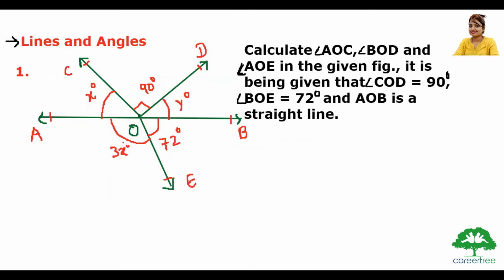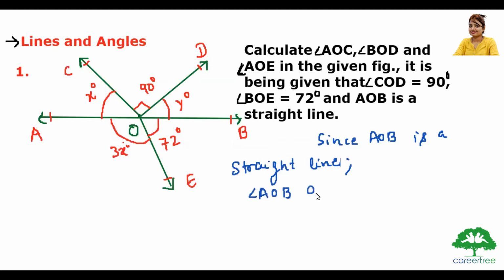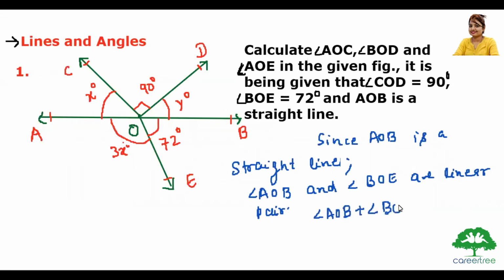So here we can write the solution as: since AOB is a straight line, angle AOE plus angle BOE equals 180 degree.